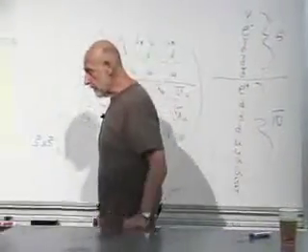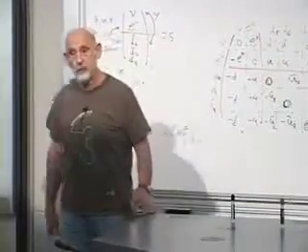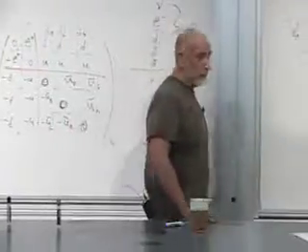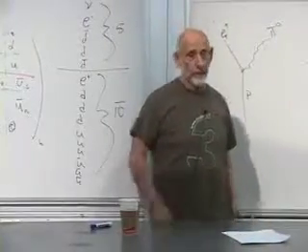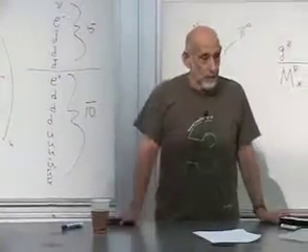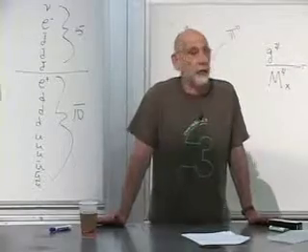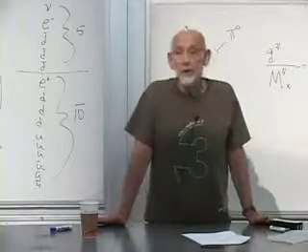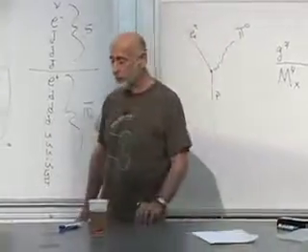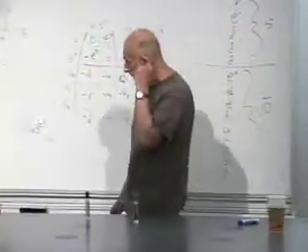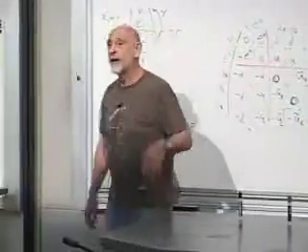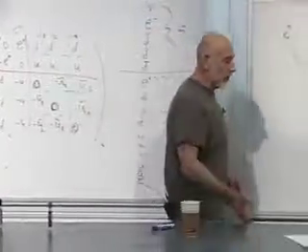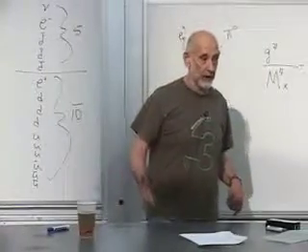You can't wait around for 10 to the 15th years to see a proton decay, but you can start with 10 to the 15th protons. That's not a lot of protons. It's a very small sample of protons, and see how often a decay takes place. If the half-life for a proton was 10 to the 15th years, then if you start with 10 to the 15th protons, you ought to see 1 decay per year, approximately.